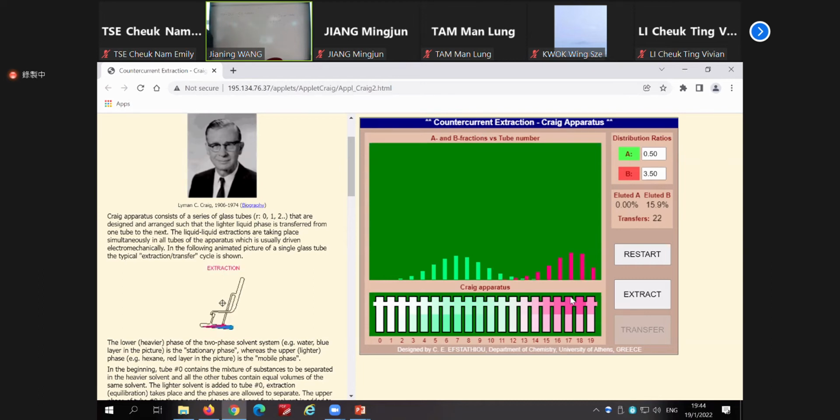So a higher plate number for a column can provide more extraction steps or more space for the separation. But if the column is too long or too big, even though the column has a higher number of plates, the efficiency is not high enough.